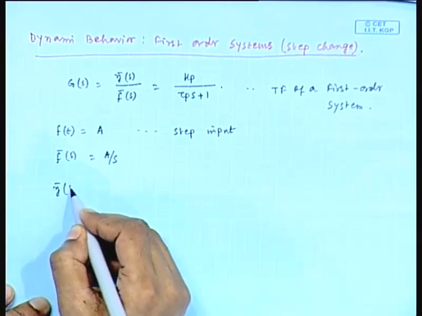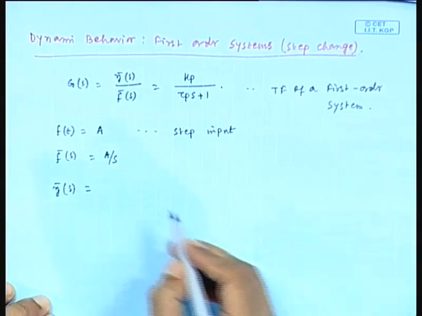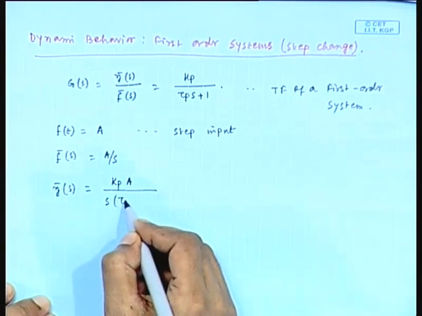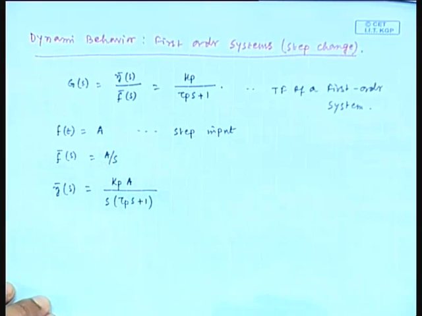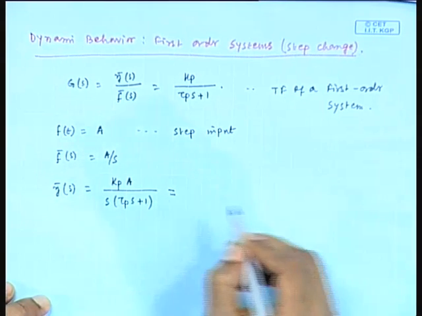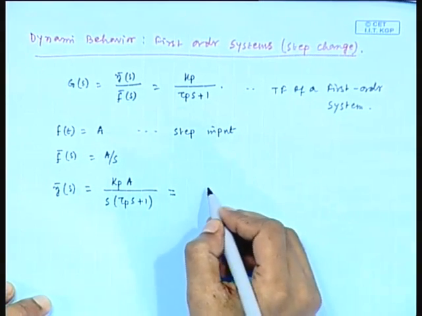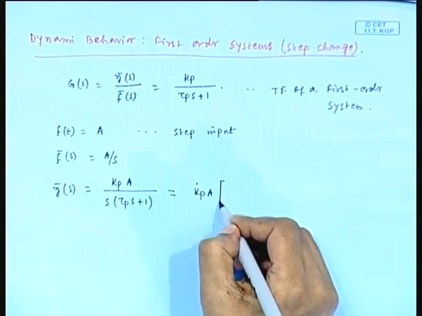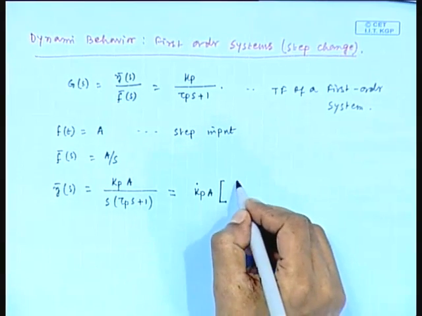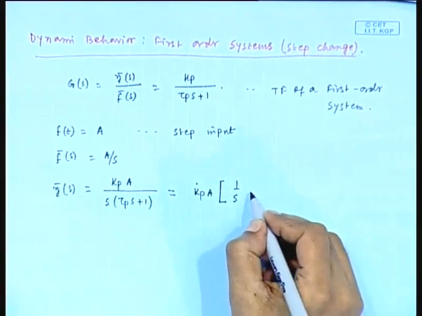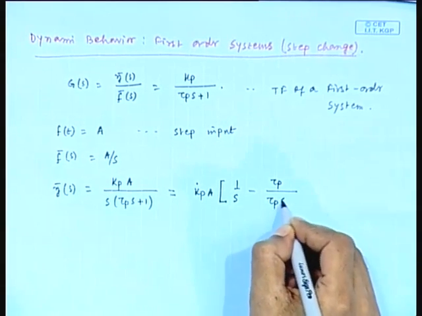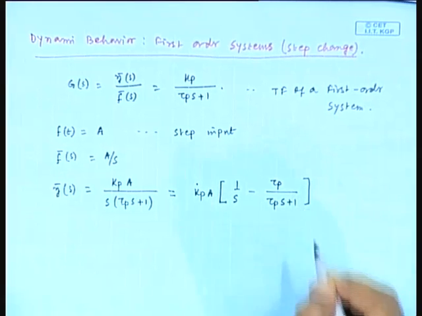Then Y bar(s) becomes Kp A divided by s into (tau p s plus 1). Now, we can write this as Kp A multiplied by [1 divided by s minus tau p divided by (tau p s plus 1)].